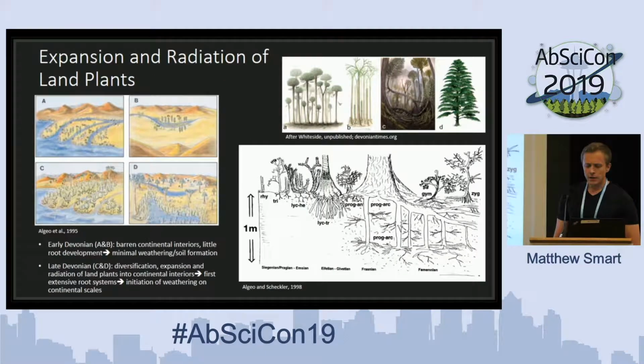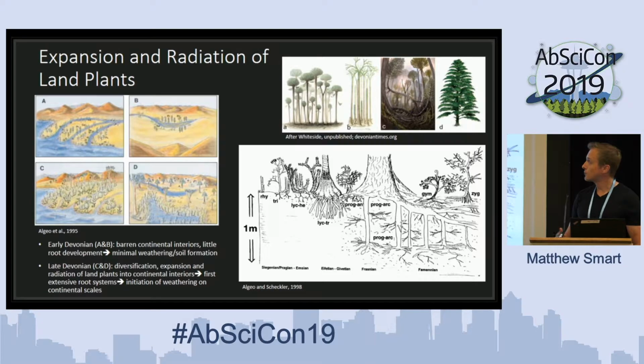So let's talk a little bit about the expansion and radiation of land plants. The figure on your left, tiles A and B, show what the Devonian probably looked like early in the period. So you have some land plants, but they're basically relegated to areas immediately adjacent to bodies of water. You have no trees, and the root systems were very, very shallow.